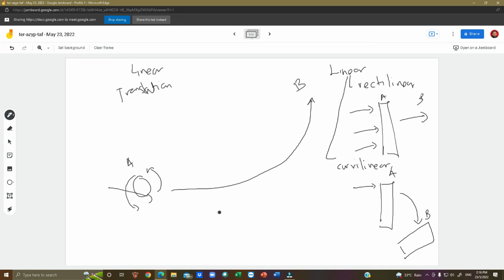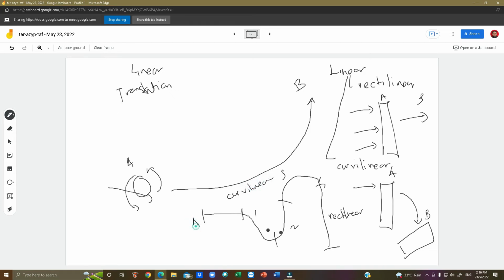Okay. Contoh kita ada larian, kita berlari, kita tegak, lepas tu tiba-tiba kita ambil lap. Ambil lap, tegak. All this straight part is rectilinear. All this curve part, ni kan curve 1, curve 2, curve 3 is known as curvilinear.